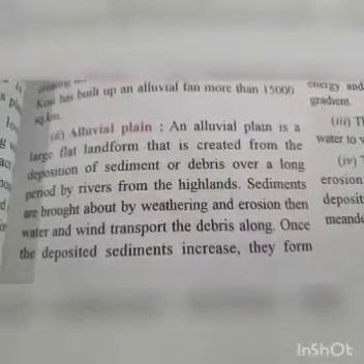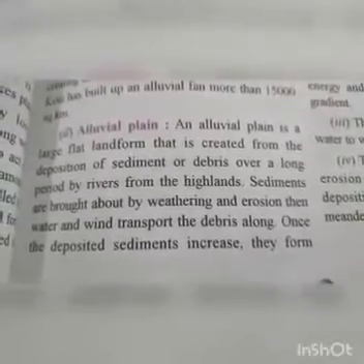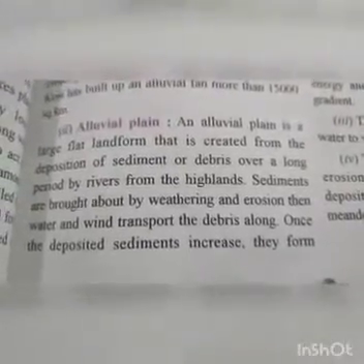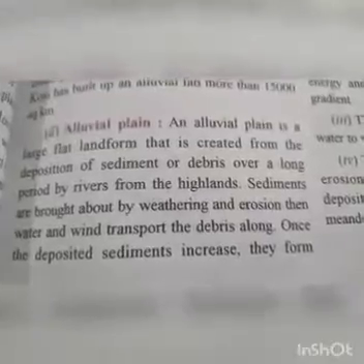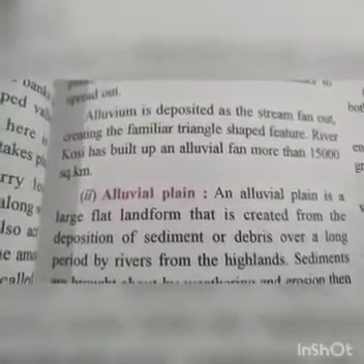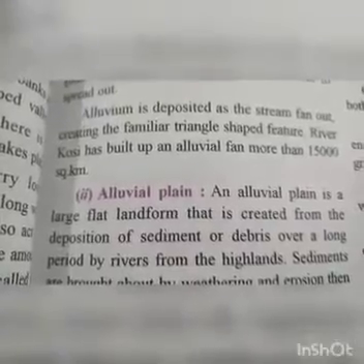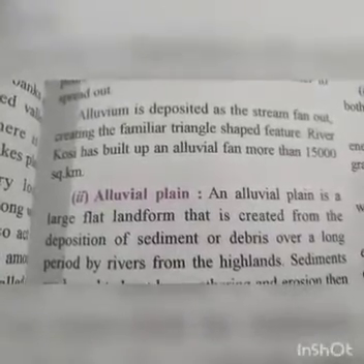The process of transporting the sediment by water is called the fluvial process. Which process? Fluvial process. Sediments are formed when there are floods which carry debris, that means sediments, along the way. When the waters of the river subside, the sediments are deposited, and with time an alluvial plain emerges.